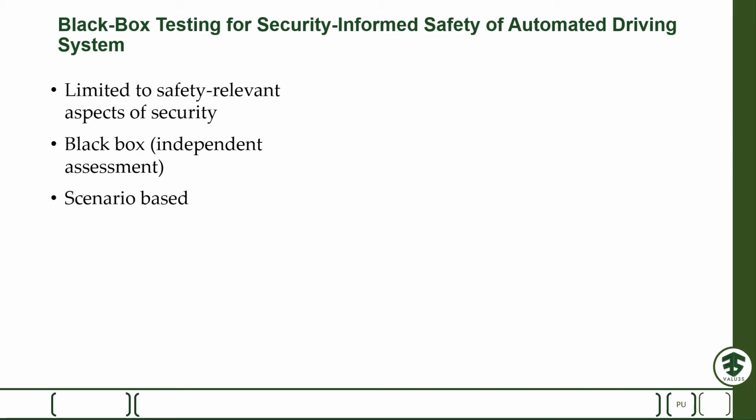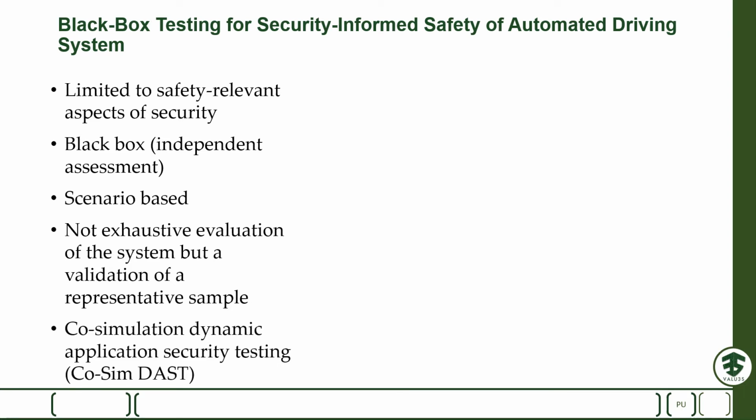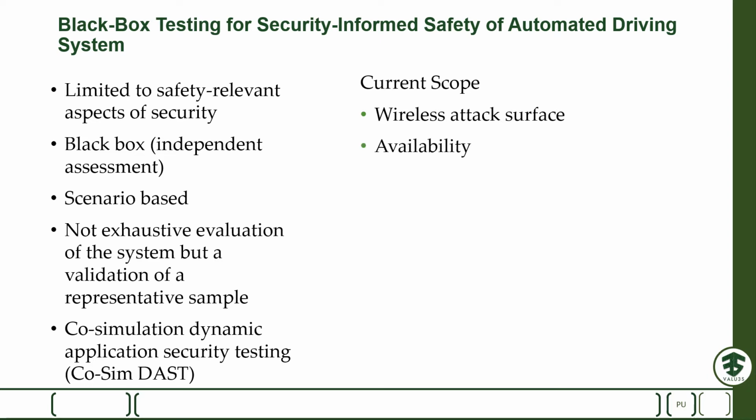It is scenario-based, and it's not geared towards an exhaustive evaluation of the system, but a validation of a representative set of traffic scenarios. It's a member of dynamic application security testing, which means that the application is running, executing, while we are attacking it. The current scope is limited to wireless attack surfaces and only targeting availability at the moment.